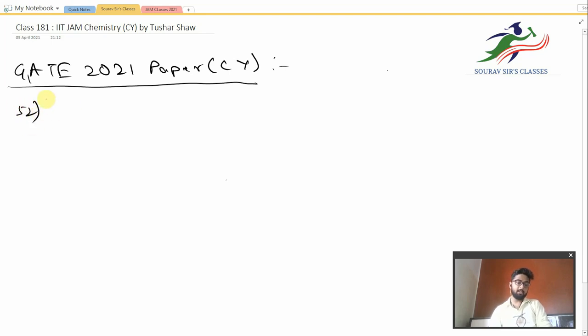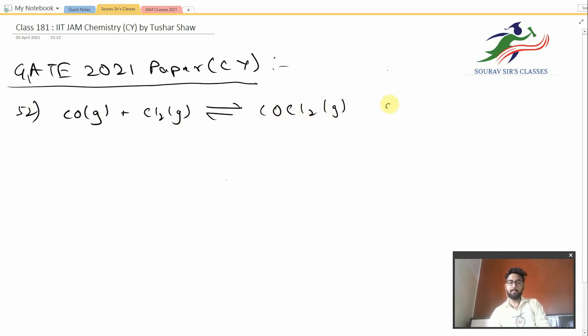Question number 52 says that the reaction CO gas plus Cl2 gas, reversible, COCl2 gas at 500 degrees Celsius has initial pressures. So at T equal to 0, initial pressures we will be having 0.7 bar of CO and 1.0 bar of Cl2, allowed to reach equilibrium. COCl2 was at 0 in the initial stage.